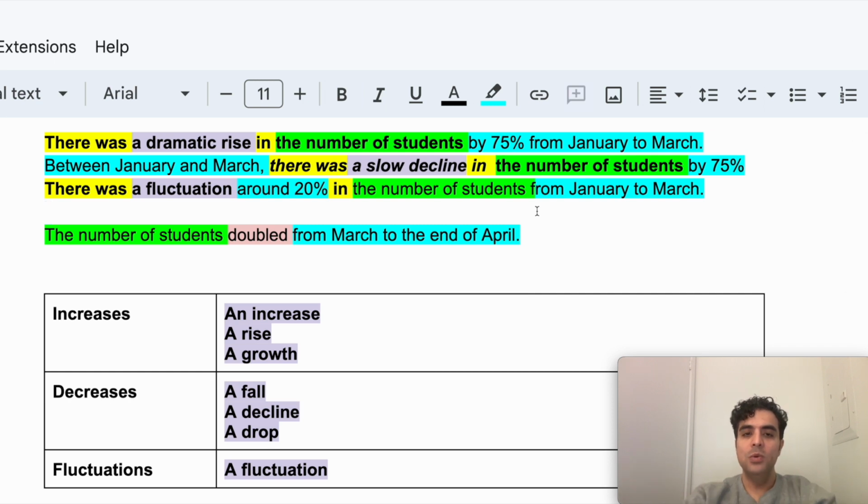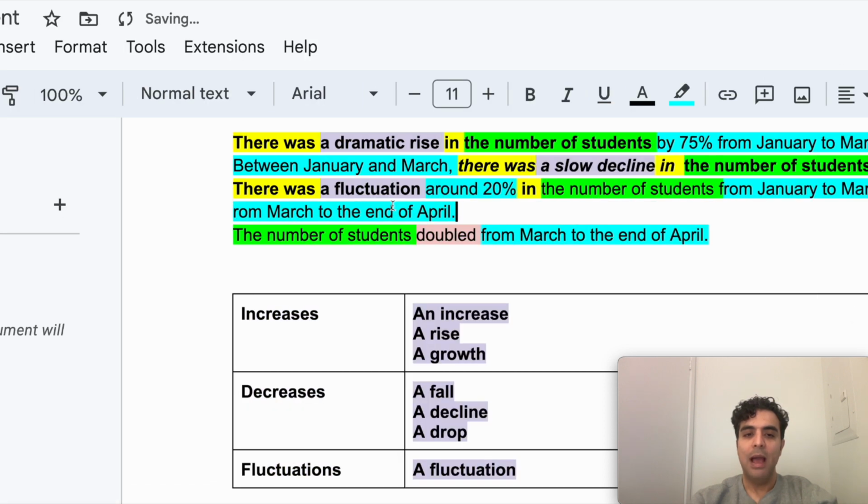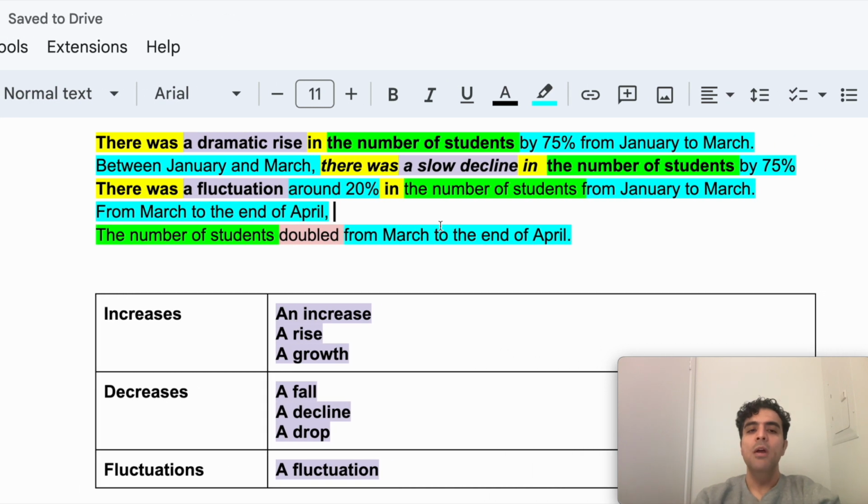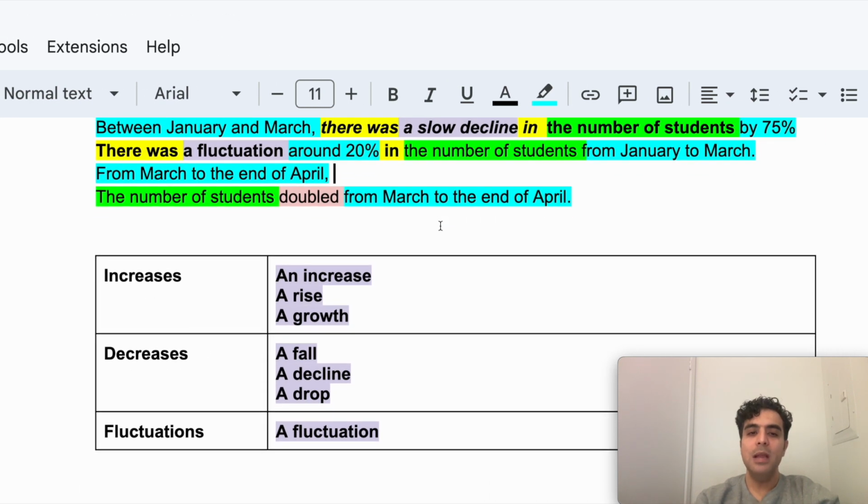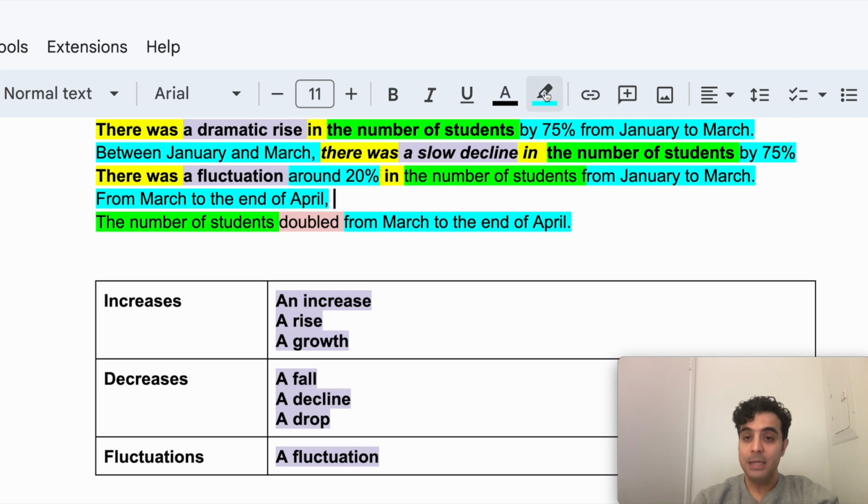The number of students doubled from March to the end of April. So this time, once again, I'm going to start my sentence with an initial adverb. Just to demonstrate how these variations can be applied to your response. So from March to the end of April, and then I'm going to say there was.